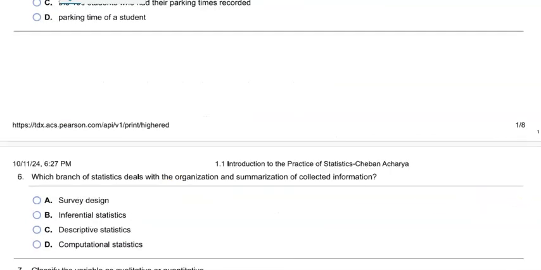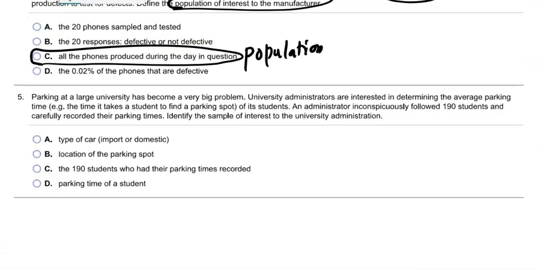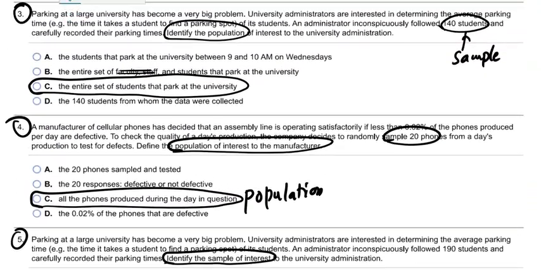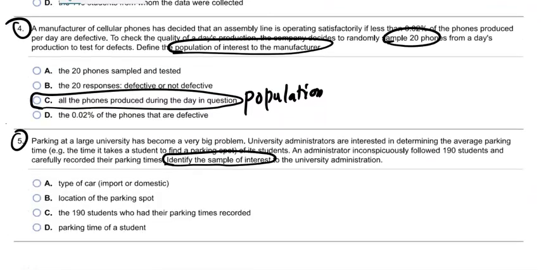Okay, let's do the next question here. Number 5, and here is a similar question. You have to identify the sample of interest, but it's the same as the last question. Number 5 is the parking of students question.